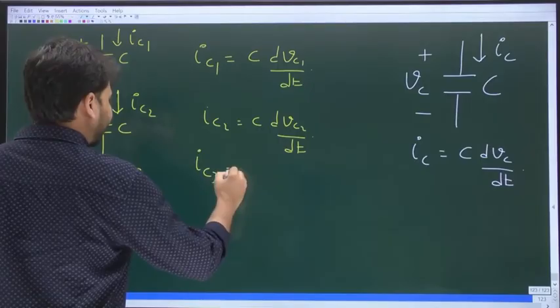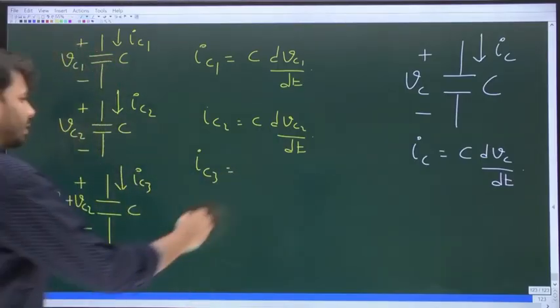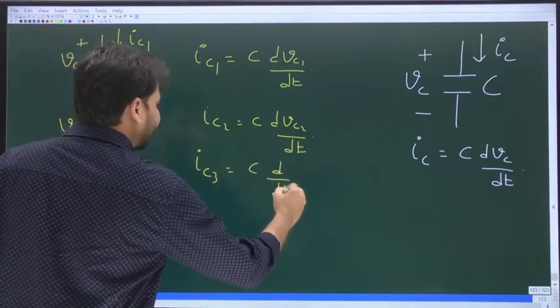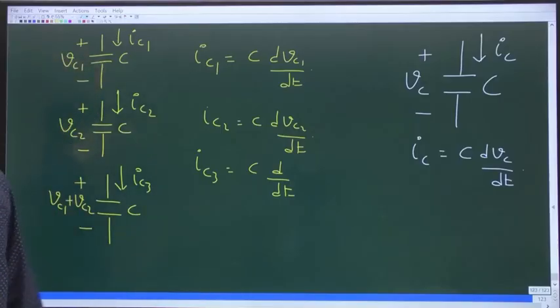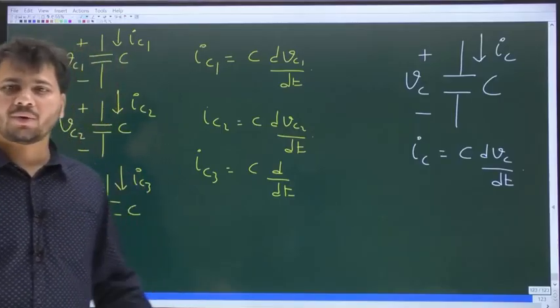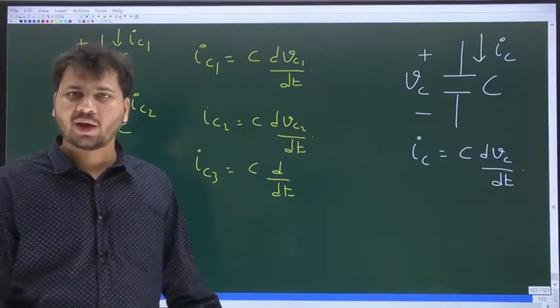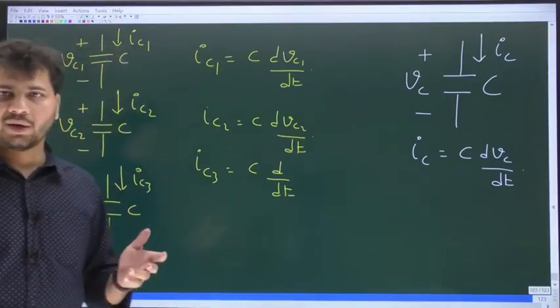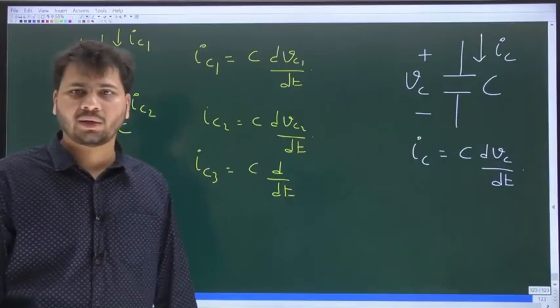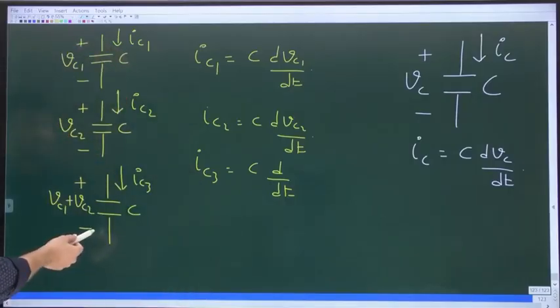Let us call the current in the third case Ic3. So what is Ic3? See, always for a capacitor, the current will be equal to C times d by dt of the net voltage across the cap. This time in the third case, what is the net voltage across the cap? Vc1 plus Vc2.